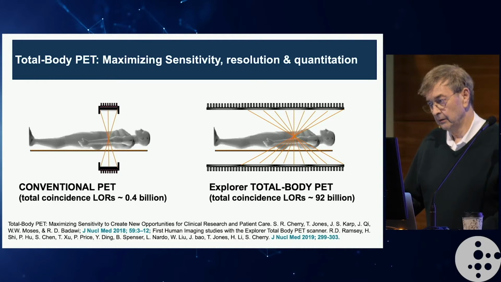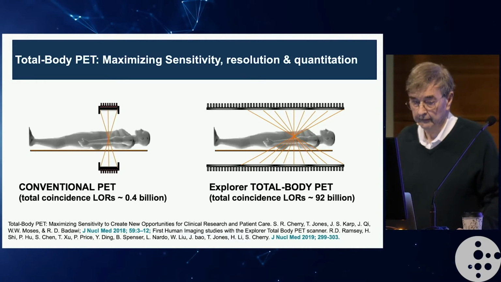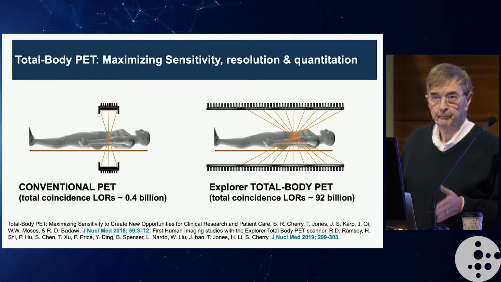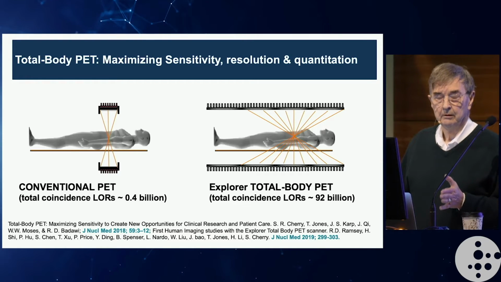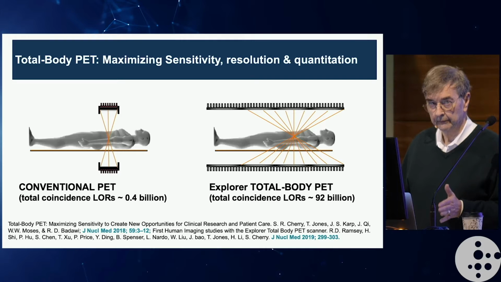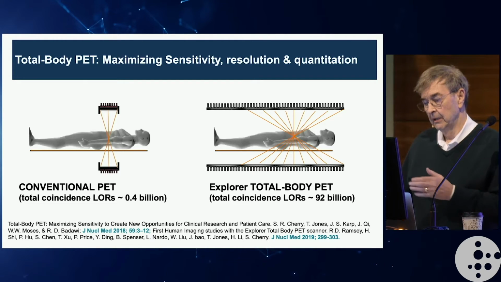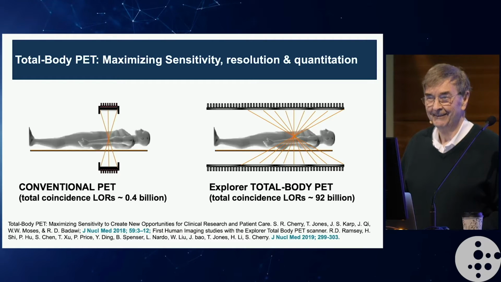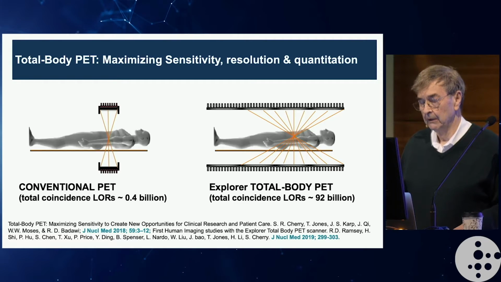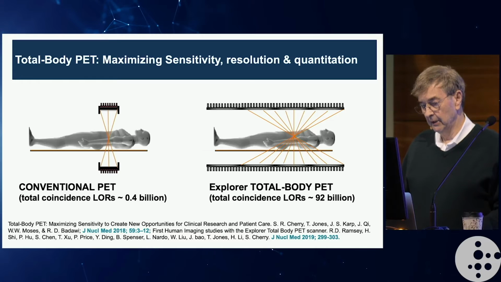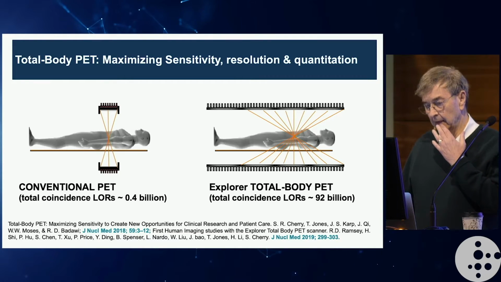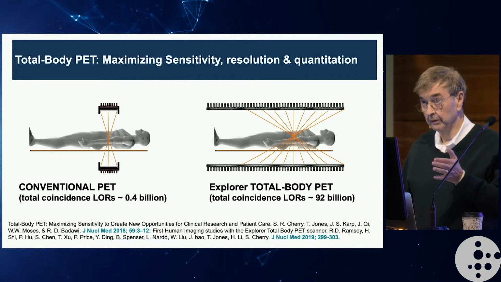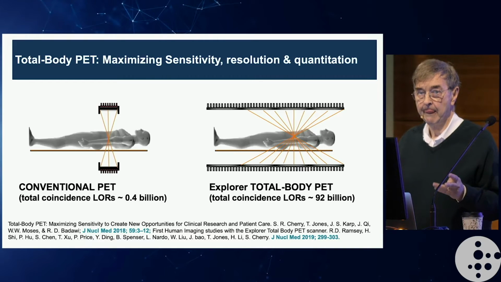So in modern whole body PET scanners, there are about 0.4 billion lines of response collecting data simultaneously. In the Explorer, there are 92 billion. So it's over 50 times as efficient as the modern system, but covering the whole body.